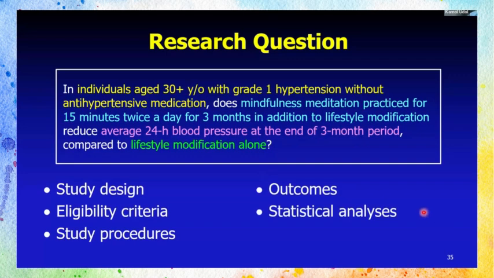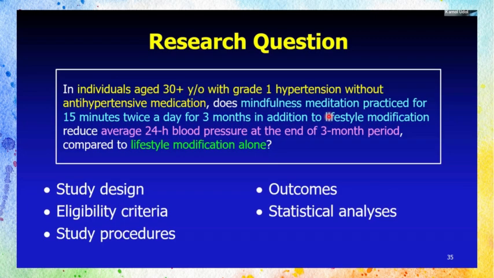In terms of statistical analysis, how are you going to analyze your data to answer this question? Here you will have 2 groups of people. One who perform mindfulness meditation, the other who doesn't. You'll take their blood pressure at the end of the 3-month period.